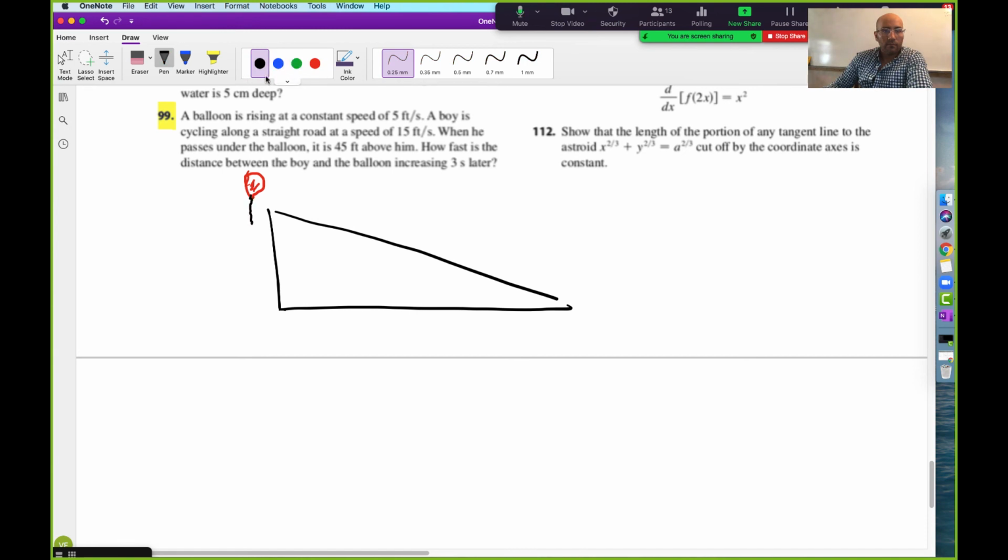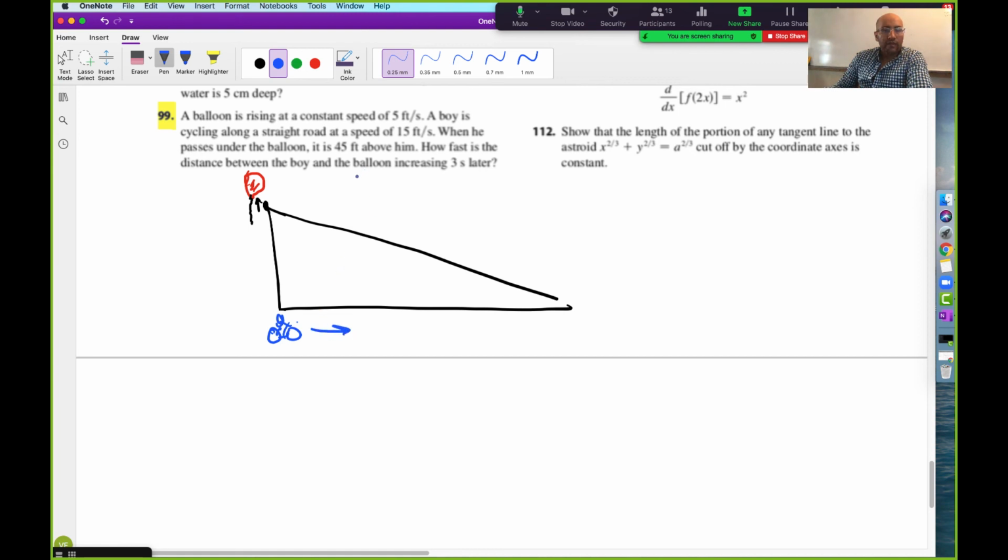Here is the balloon, and it's rising. So this is the height of the balloon, and it's on its way up. And then the little boy is cycling down here. So let's say he's going that way.